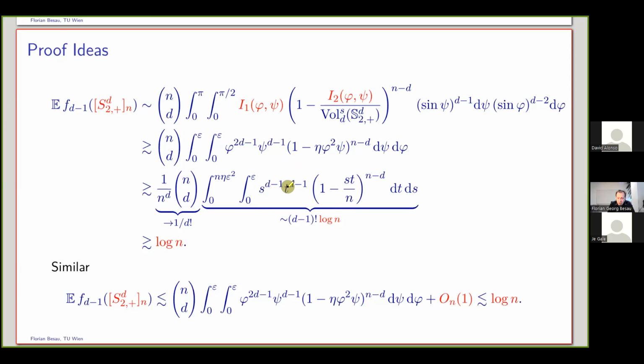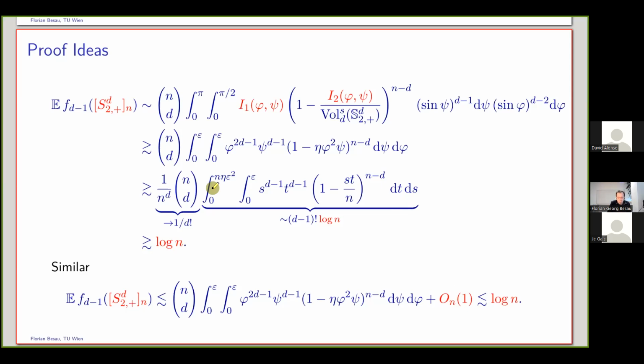So if t is a constant here, then this integration just vanishes. And then you have an integral from 0 to infinity over s to the power d minus 1, 1 minus constant times s over n to the power n. This is the gamma function, right? So the gamma function is convergent. So this is why we will get some constant term.